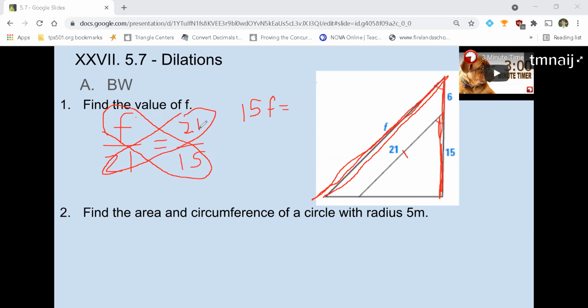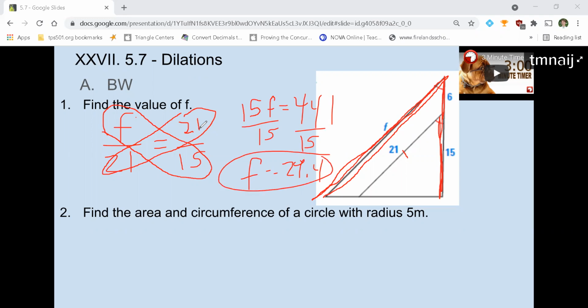What is 21 times 21? 441. And then to get F by itself, we've got one more step. We'll divide by 15, which means F is 29.4.